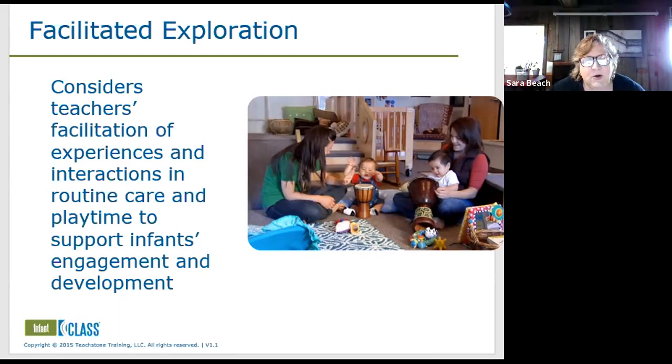Facilitated exploration occurs throughout the day within the routine care of the babies. So the teachers expand on infants' experiences during diaper changes. They can expand on experiences during meal times. If you've got a baby who's being fed with a spoon and the baby reaches for the spoon, that's an indication that maybe they might want to grab it.